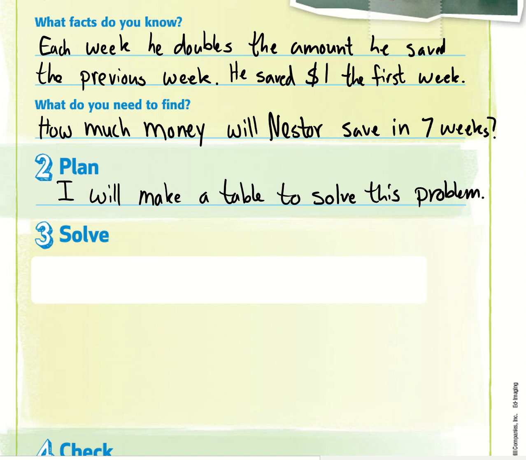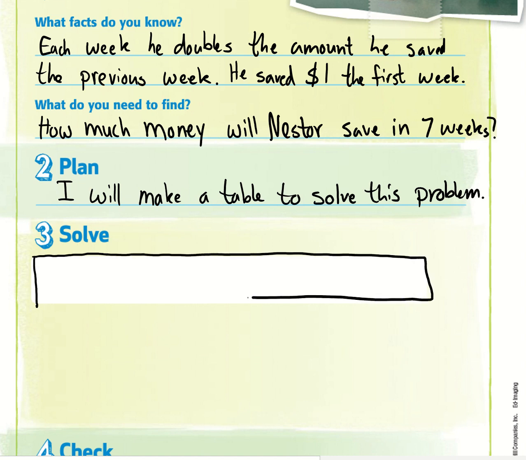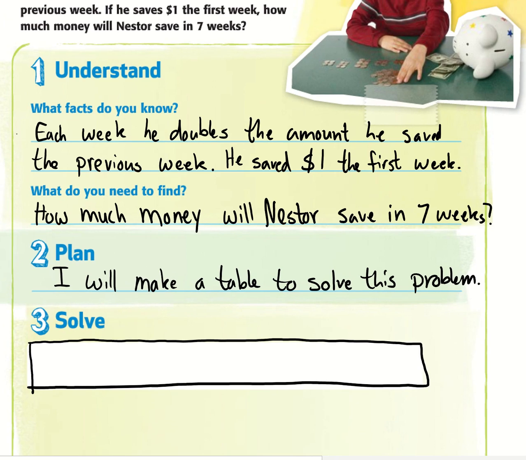Number 3 is solve. So this is where we're going to create our table. When creating a table, it's kind of tricky because you just kind of got to work with the information you have to decide what kind of table you have. So we know 2 bits of information. We know that each week he doubles, and then we know that he had $1 the first week. So we're going to divide this table into 2 sections.